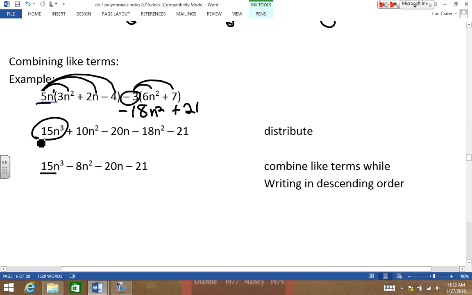I have both of them that are n squared. What do I have to do with those two? Combine them. So what's a positive 10 minus 18? Negative 8n squared. Who's next? Negative 20n. Do I combine him with anybody? No. And then last is negative 21. Okay, how are we doing? Are we getting it? Good.